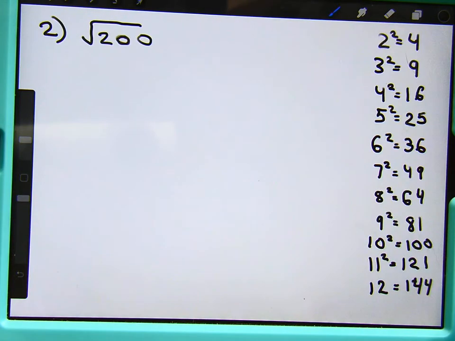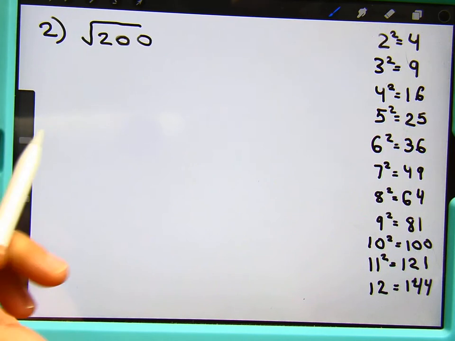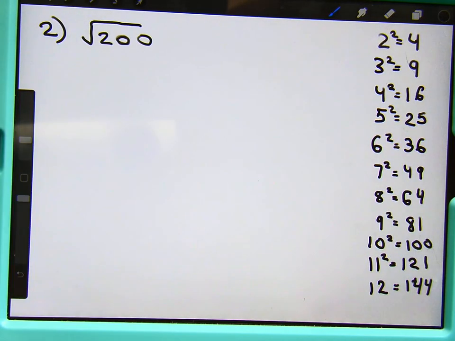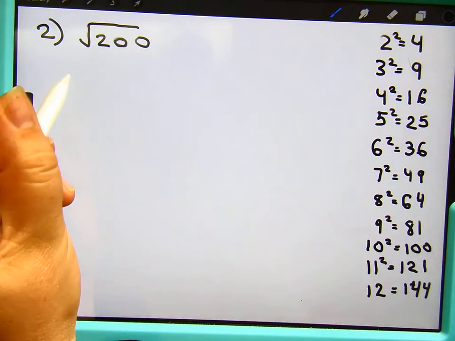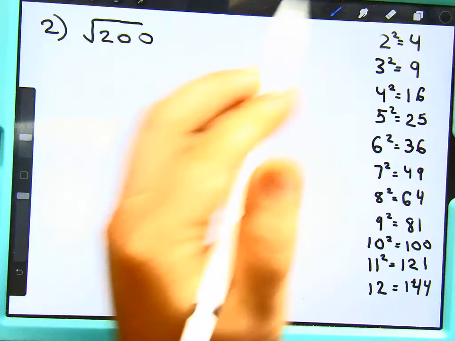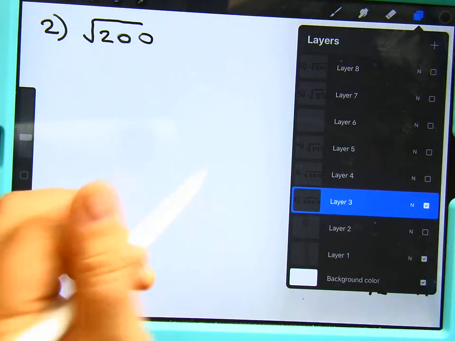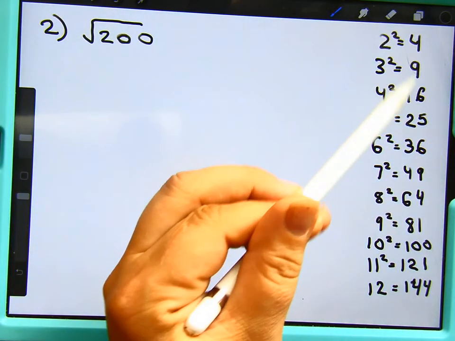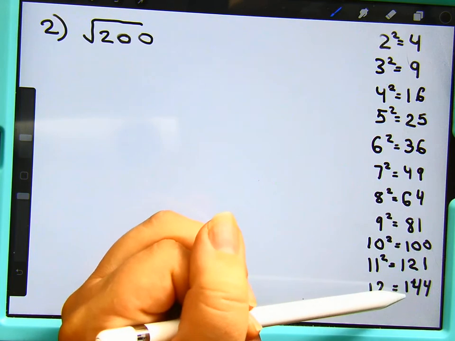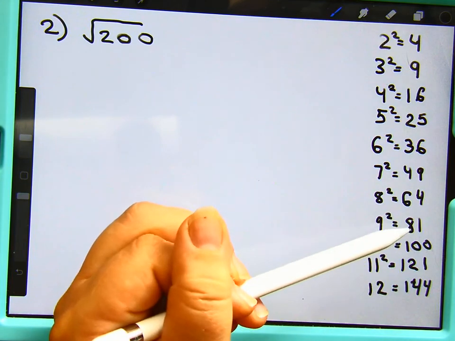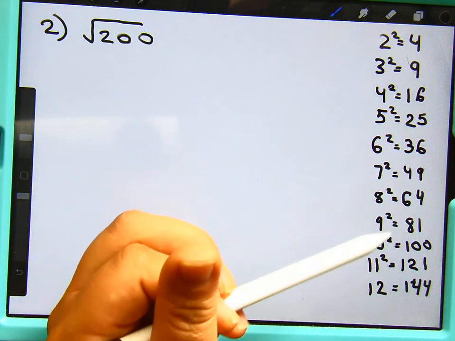Okay, so I have 200. If you're familiar with your factors, you can ask what numbers multiplied together give you 200, and which number over here in my perfect squares is the largest number that could go into 200.